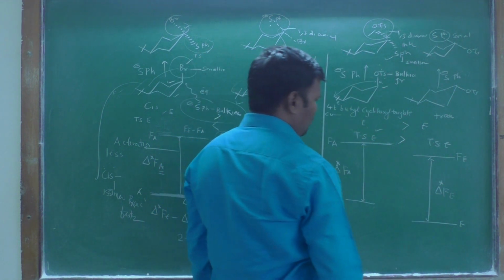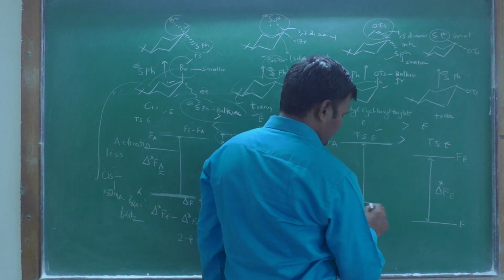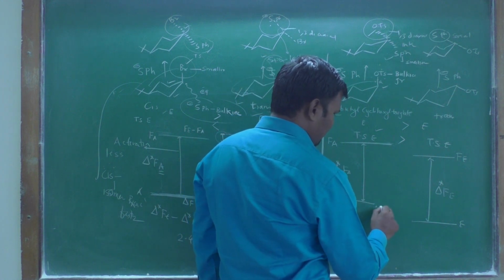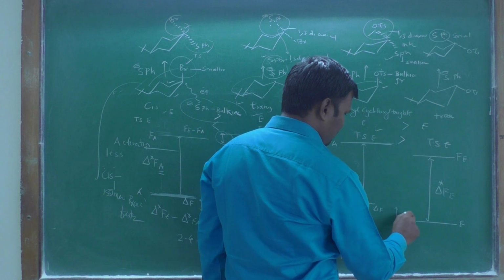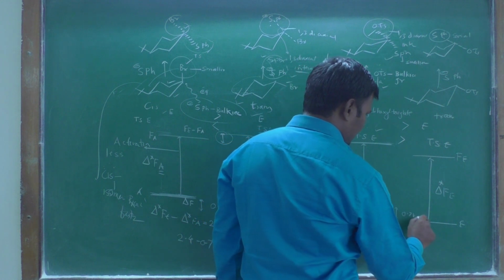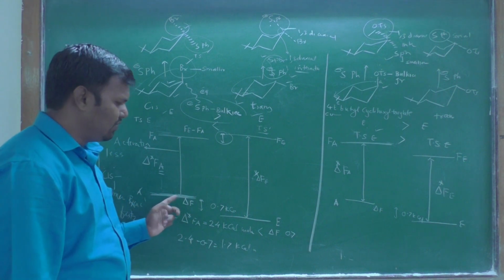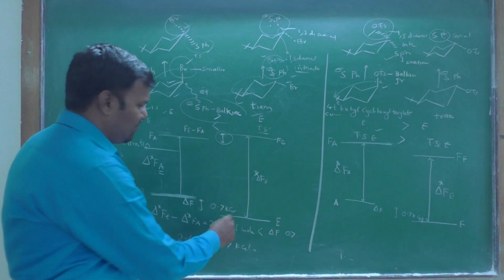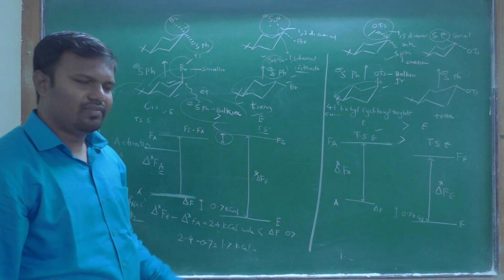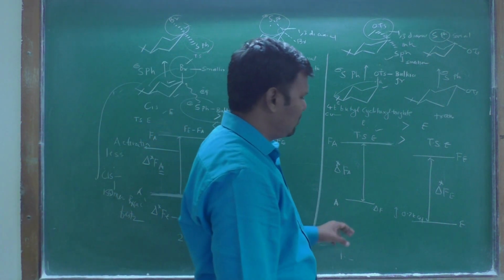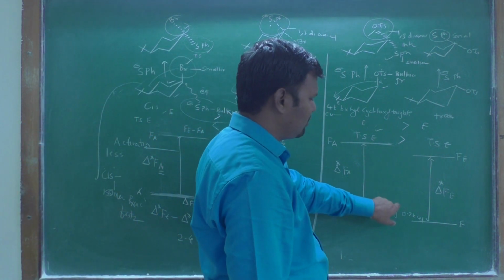Now the ground state energy difference, delta F, is also the same, 0.7 kilocalorie per mole. As when the substituent is bromine, the same 0.7 kilocalorie energy is there, and in this case also the difference between the ground states is 0.7 kilocalorie.